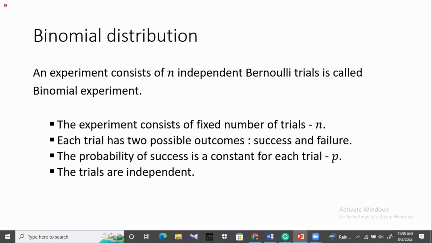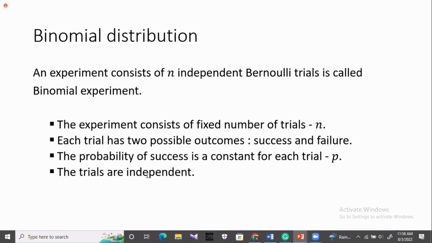Outcomes of each trial are independent. So if any experiment follows these four properties, then we call it a binomial experiment.